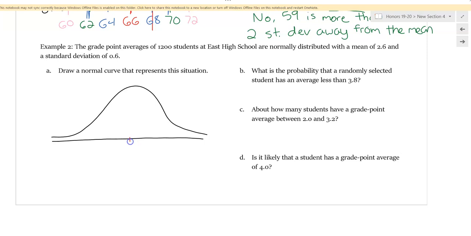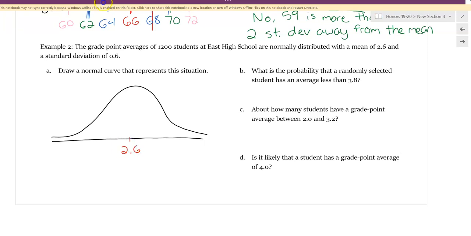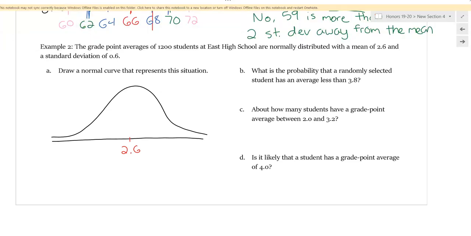So again, we're going to start with our mean, which was 2.6. On each side, right, we're going to go one standard deviation away, and our standard deviation is 0.6. So 2.6 plus 0.6 is 3.2, or minus is 2.0. One more. Plus 0.6, I get 3.8.